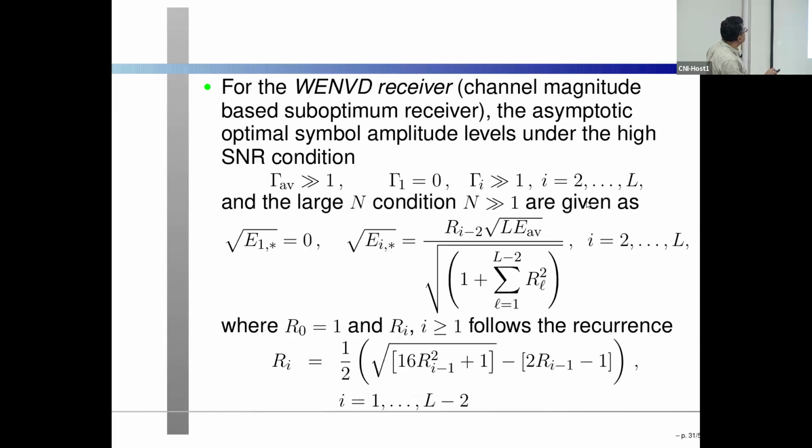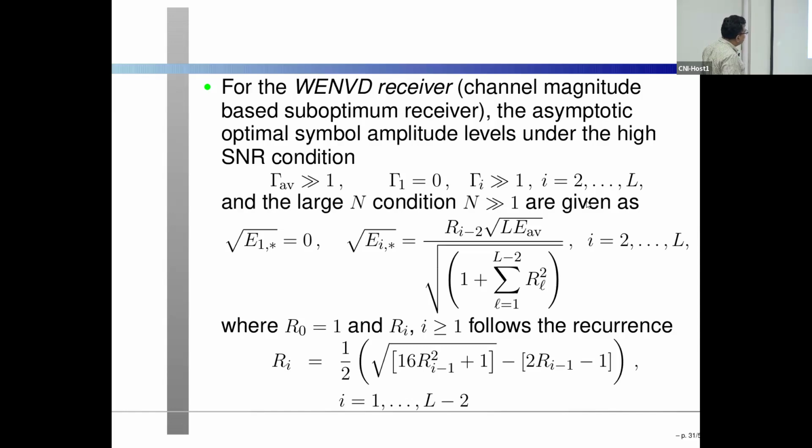And now for the WENVD receiver, it has a strange kind of progression. This Ri is the ratio between not adjacent but alternate levels, gamma I plus 2 by gamma I. Okay, so that is Ri.